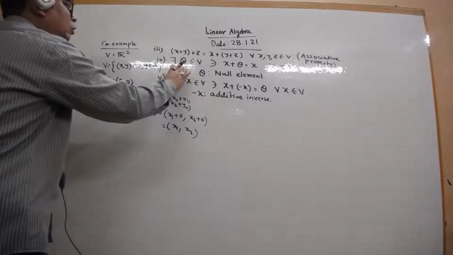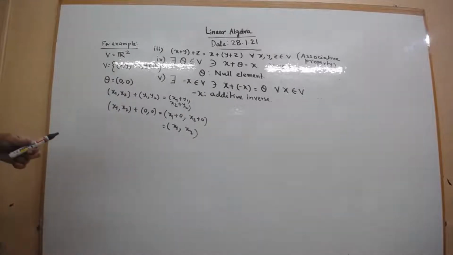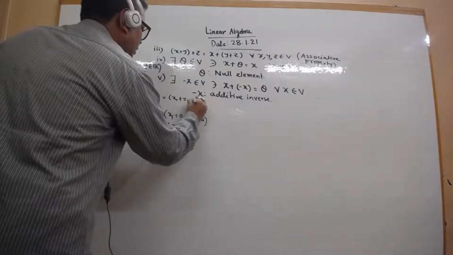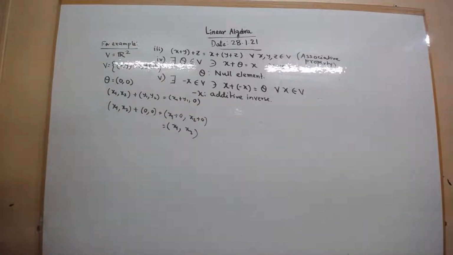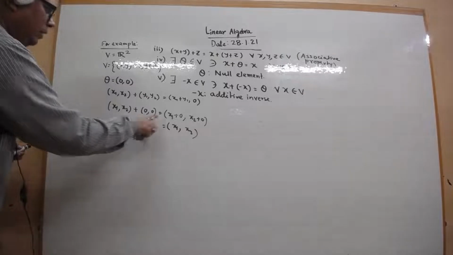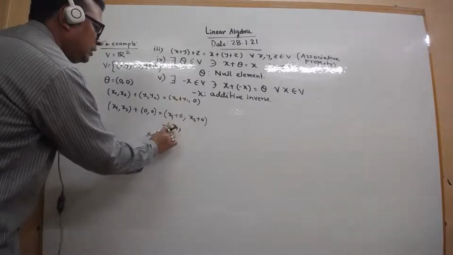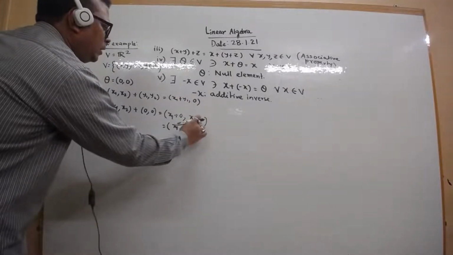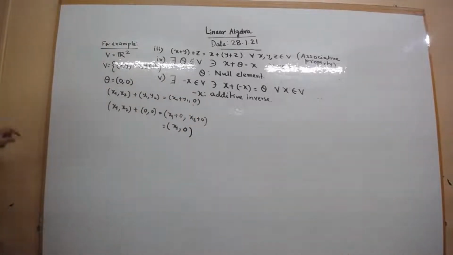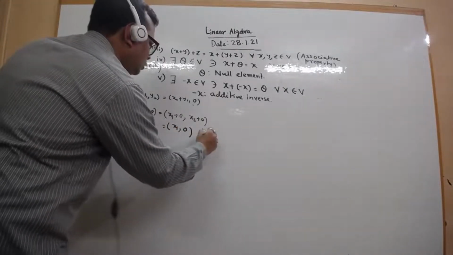So the null element does not always exist. For example, if you define your addition differently and consider (0, 0) as a null element, then x1 plus 0, according to this definition, is x1, but your second element x2 plus 0 should be 0, because you define your addition that way. So (x1, 0) is not (x1, x2).